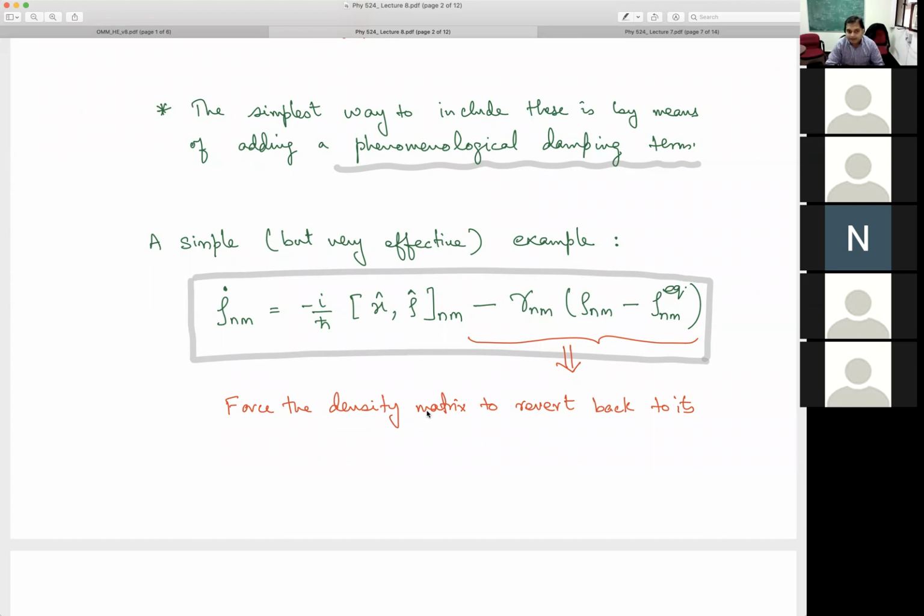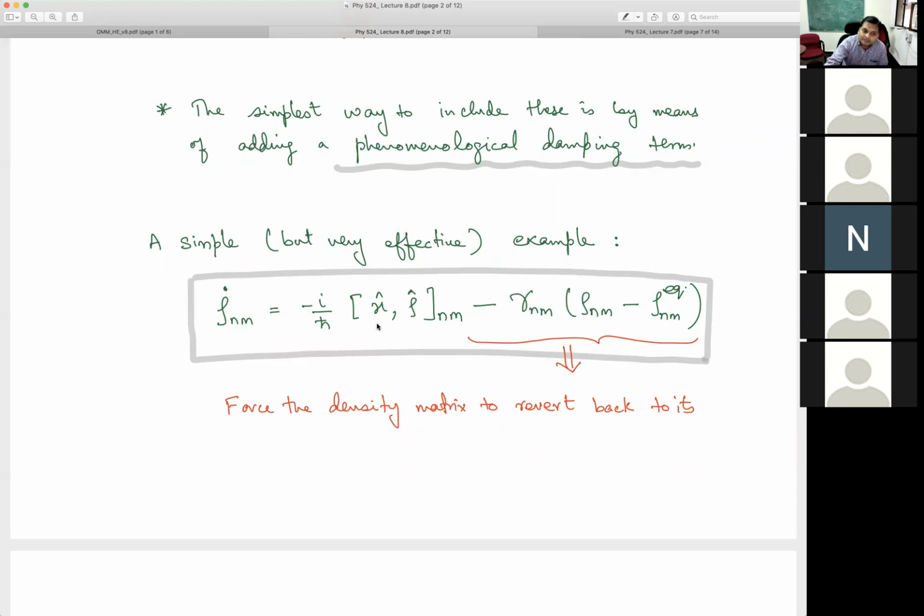But this damping is such that it always tries to take the system back to its equilibrium value. So if I switch off the light, then you will see that the system will revert back to its equilibrium value at this rate, gamma nm.